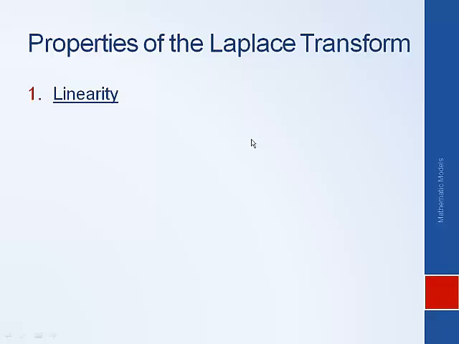You could imagine, from the previous slide, we could build up functions from exponentials and sinusoids and constants and so on. A summary of these properties that we're going to go over, and some additional ones, can be found on page 20 of your book.